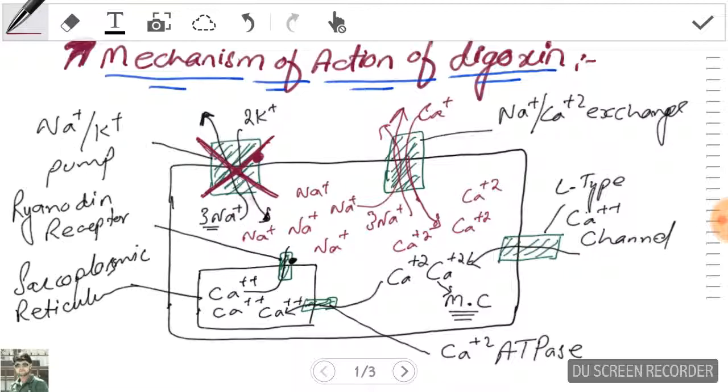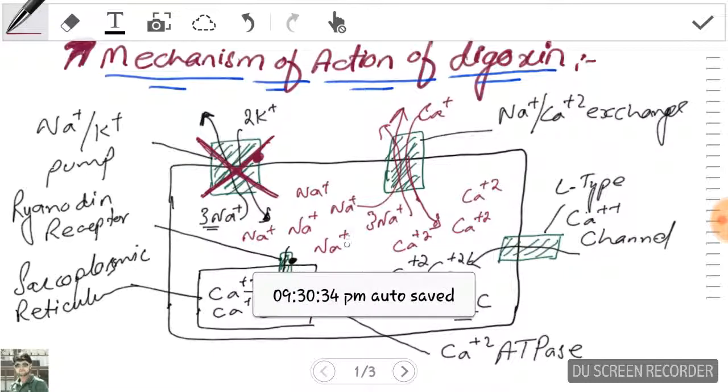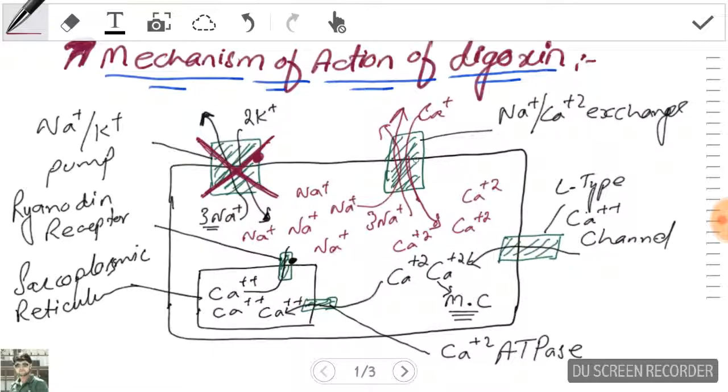As a result, more and more sodium ions accumulate inside, and due to this increase in the concentration of sodium inside, the sodium calcium exchanger will reverse its function and bring calcium from outside to inside the cell, removing 3 sodiums out and bringing 1 calcium into the cell.